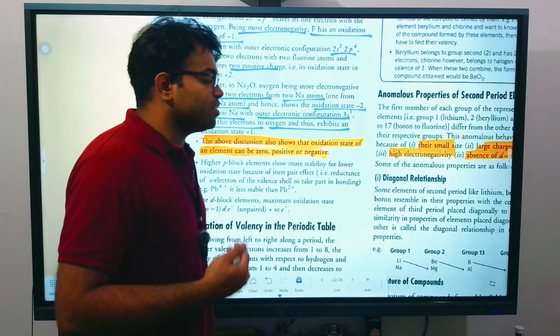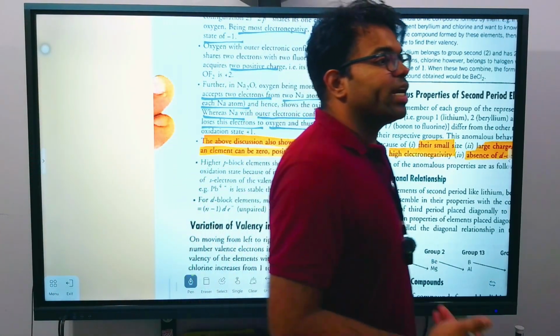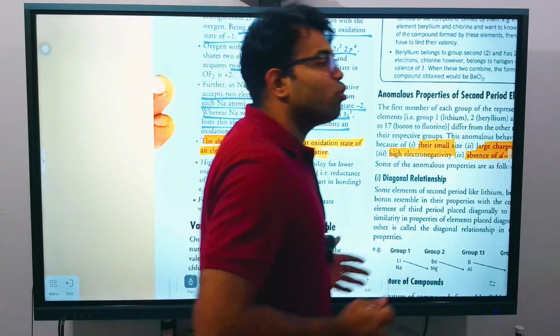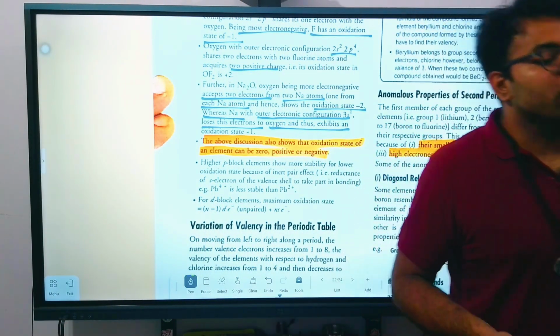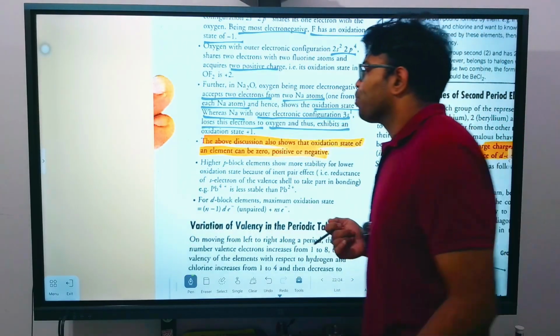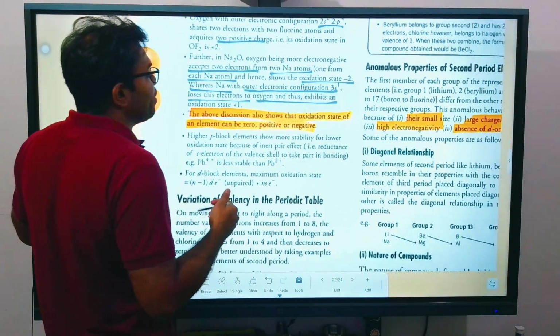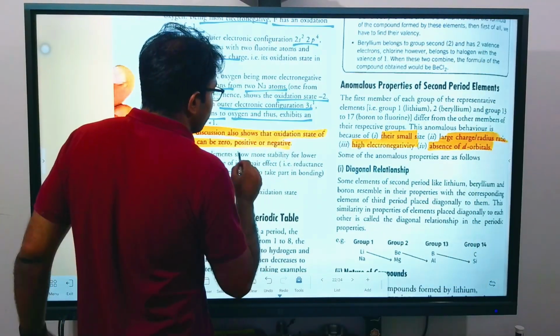This is how oxidation states work. The more electronegative element acquires the negative oxidation state, whereas the more electropositive element acquires the positive oxidation state. The above discussion also shows that oxidation states of elements can be zero, positive, or negative.